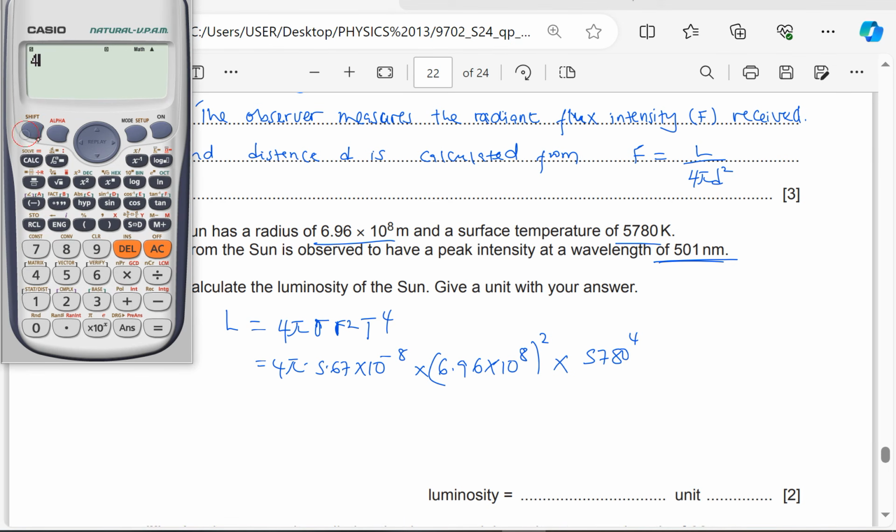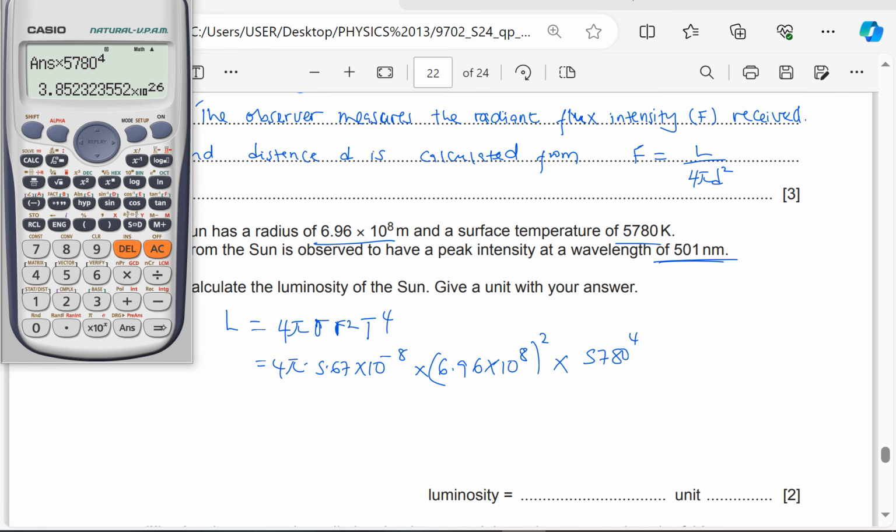So I have 4 pi times 5.67 exponent minus 8, then times 6.96 exponent 8, but this should be squared, then times 5780, power 4.